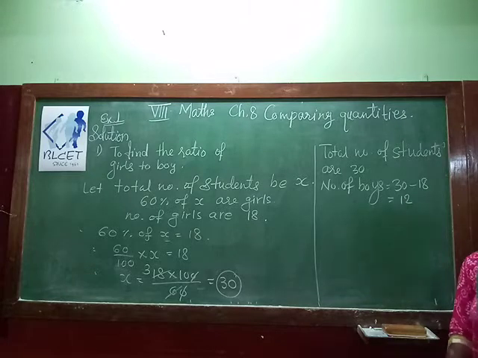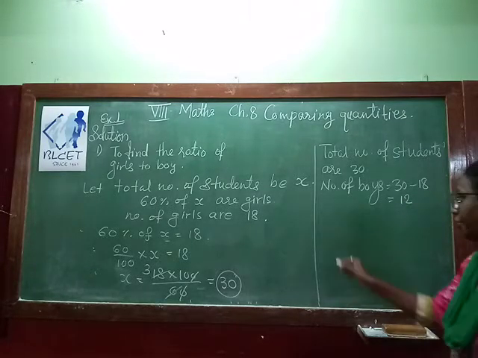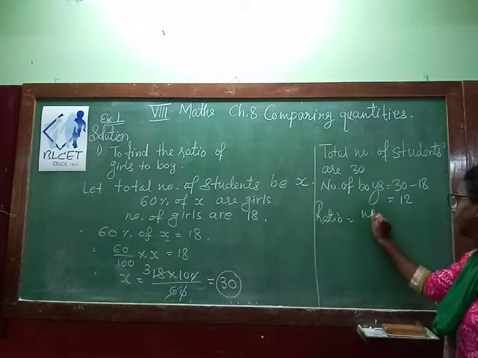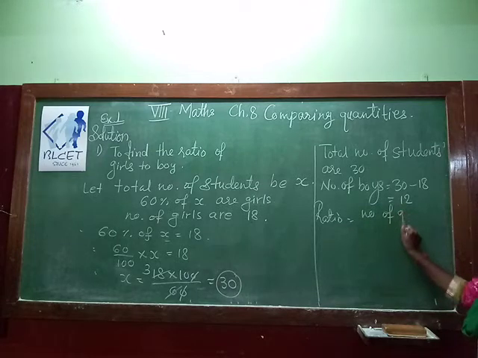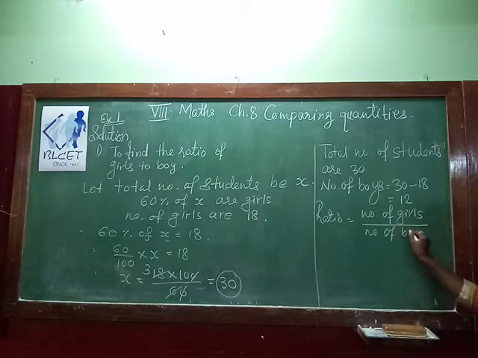Now what is the question? We have to find the ratio of girls to boys. So the ratio is the number of girls divided by the number of boys.